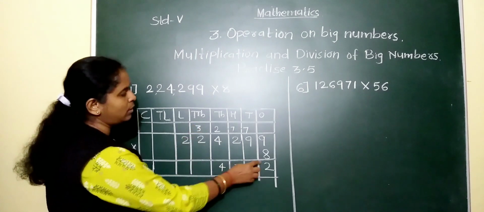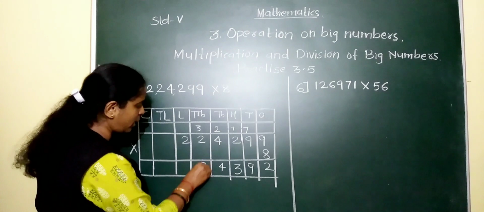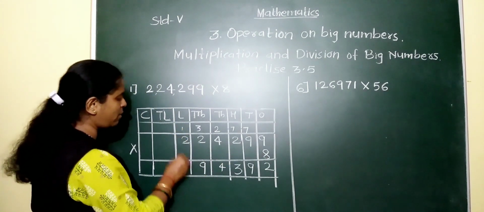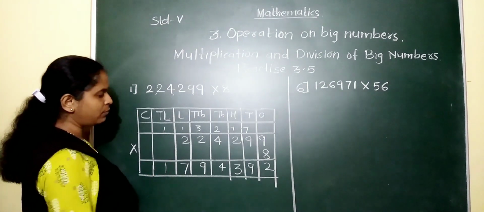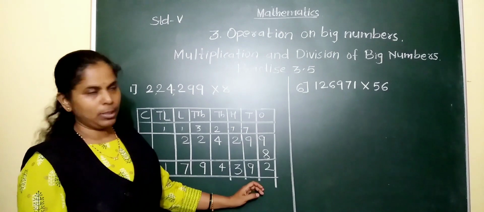Carry 3. 8 twos are 16 plus 3, 19. 9 carry 1. 8 twos are 16 plus 1, 17. 1 carry, that one will be here. In this way we can do the multiplication.